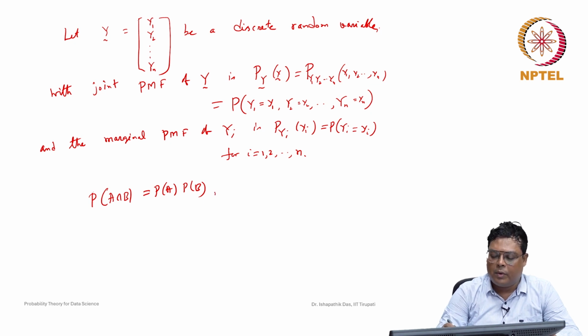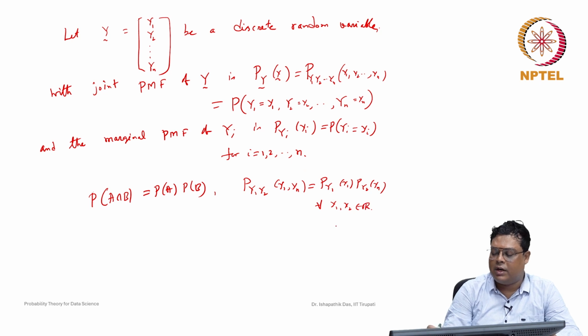Now for two random variables, you can remember that we say they are independent if their joint probability mass function can be represented as the product of their marginal probability mass functions, for all y1, y2 belonging to the real numbers. It is important, for all y1, y2 real numbers.